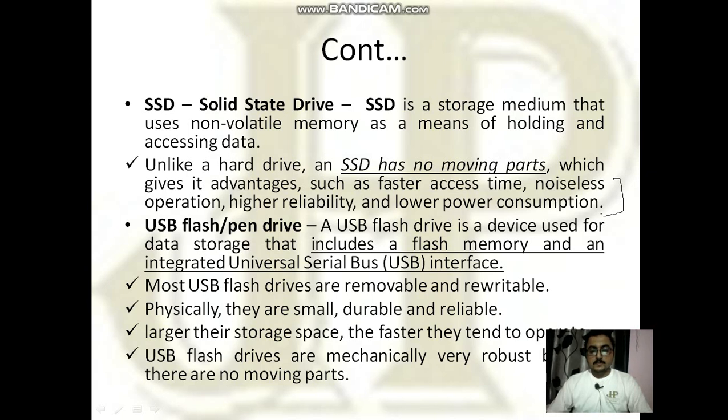Due to this, these flash drives are removable and rewritable, small, durable and reliable. And again, all these positive points are based on which? Due to no moving parts. That's why these USB flash drives are mechanically very robust.